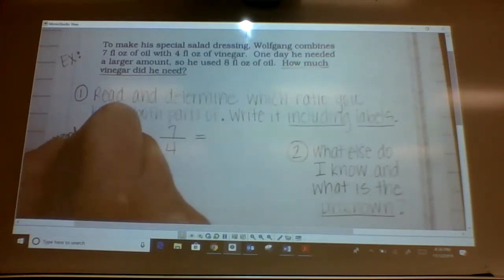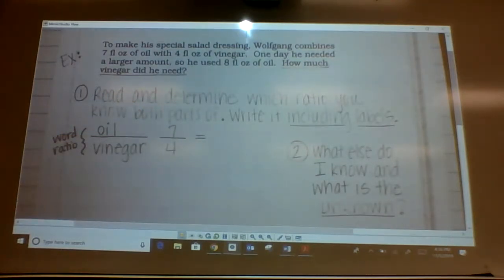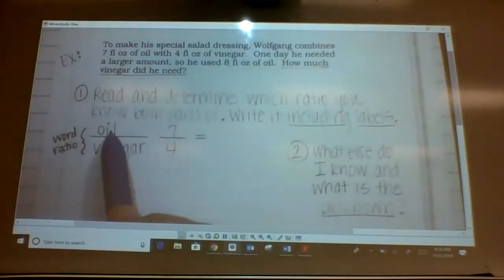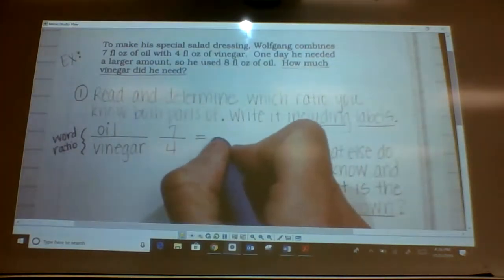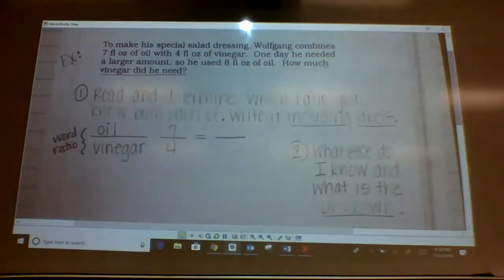We keep those labels. So what we know is that he uses 7 ounces of oil for every 4 ounces of vinegar. But now he is going to increase the recipe and he is going to use 8 ounces of oil. So those labels are important because we have to put the 8 with the oil.